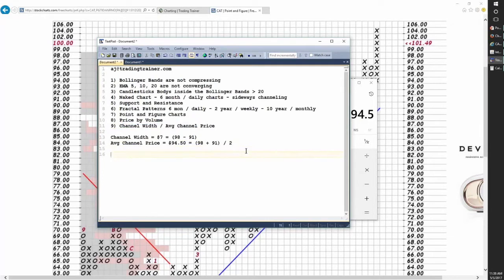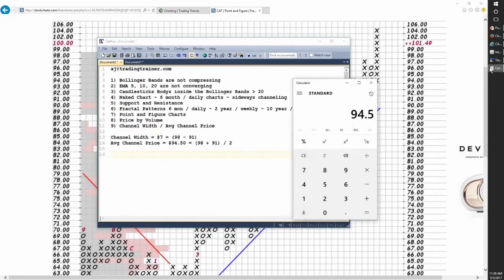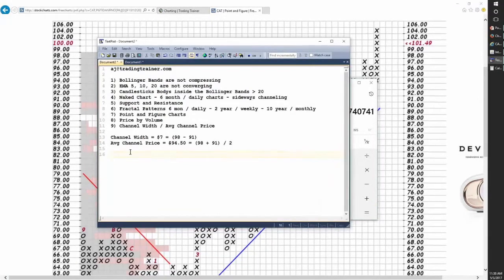So let's do that math right now. So if I take my 7 and I divide that by 94.5, I get 7.4%. So the channel width divided by average channel price.